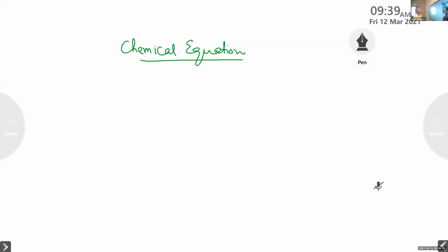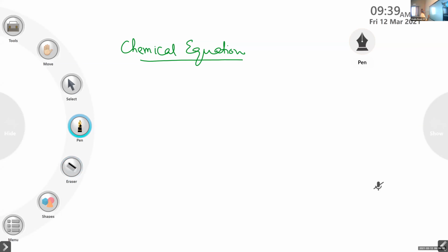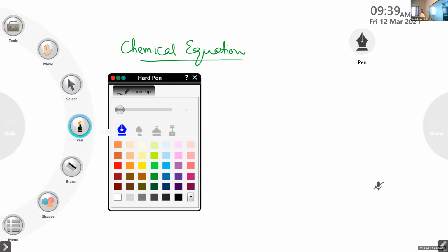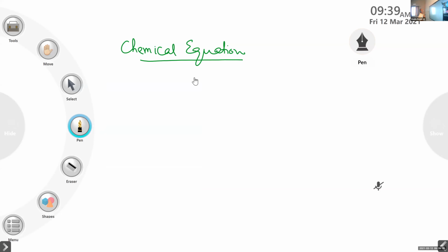The short way of representing a chemical reaction in terms of the symbols and formulas of the reactants and products, that's called a chemical equation. So we can write the definition for chemical equation. What's a chemical equation? You write the definition.